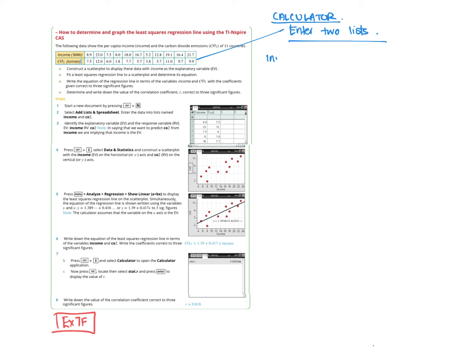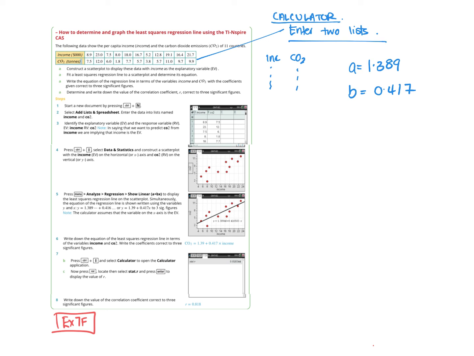So we had income and we wrote them in, then we had carbon dioxide and we wrote them in, then we did our stat calculations and so on. So we've ended up with A being 1.389, to 3 decimal places, and B equaling 0.417.